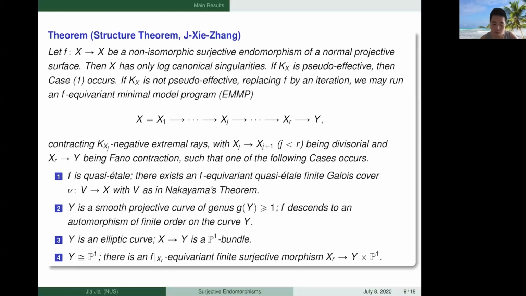If the canonical divisor K_X is pseudo-effective, then the case 1 occurs.